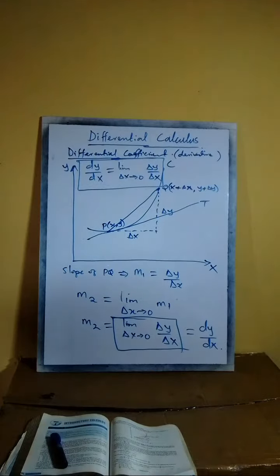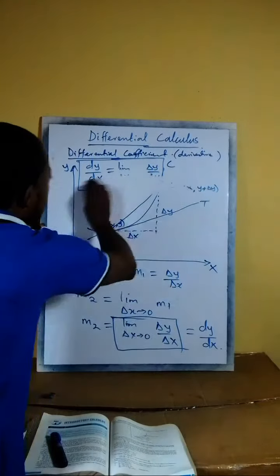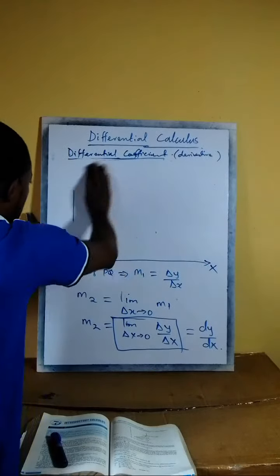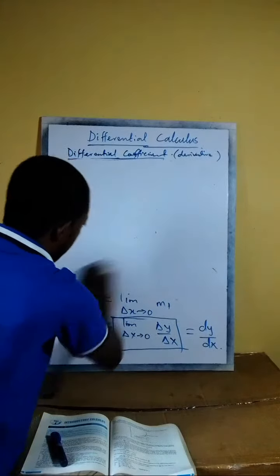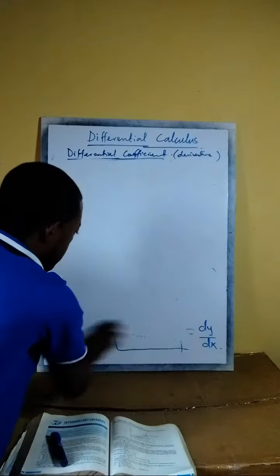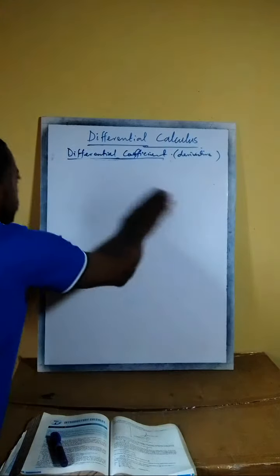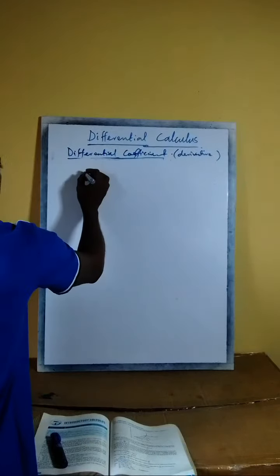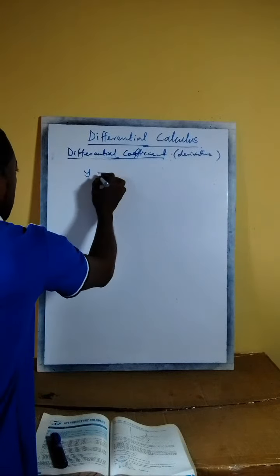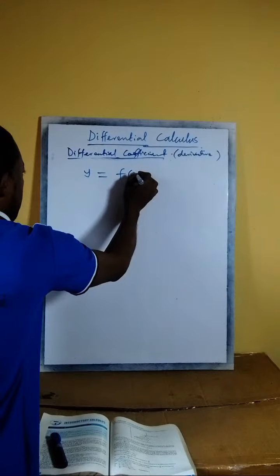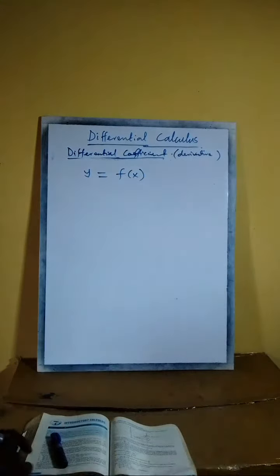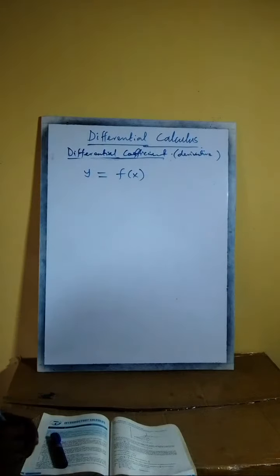The first principle formula from here, given that we have a function y equals f of x. Then we add a little increment to y and x.